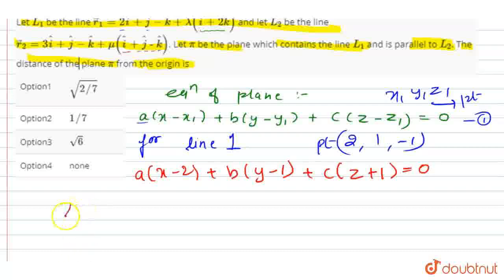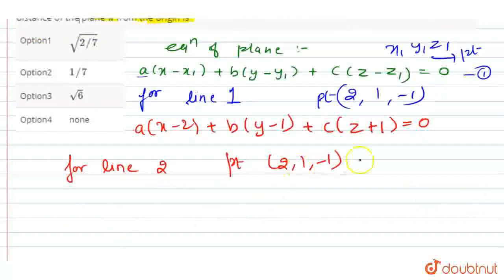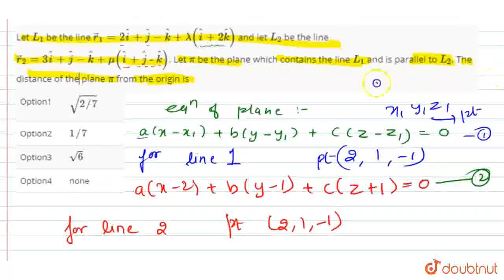So for line 2 the points will remain same as the first line, and the direction vector will now become 1, 1 and -1. Let me substitute these in the first equation, so we will have the same equation as 2. Now in the first line we can see that we have i + 2k.